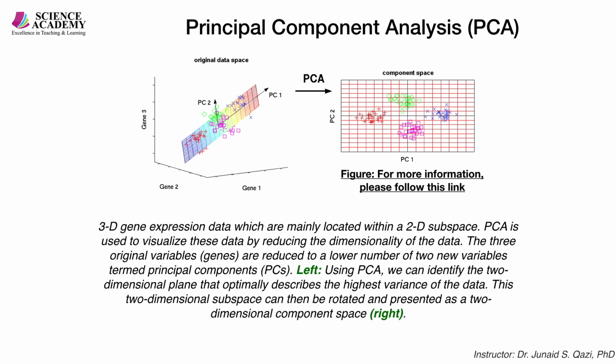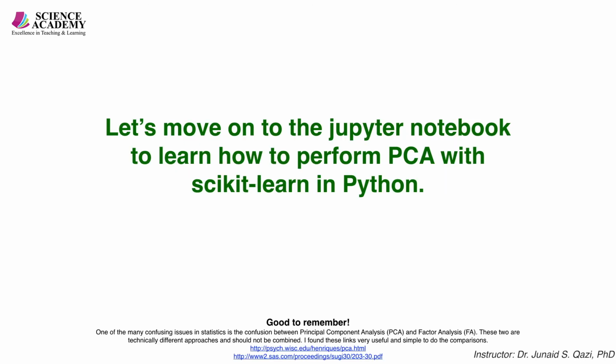On the left, using PCA, we can identify the two-dimensional plane that optimally describes the highest variance of the data. The two-dimensional subspace can then be rotated and presented as a two-dimensional component space on the right. If you want to learn more about this example, you can follow the link on the slide.